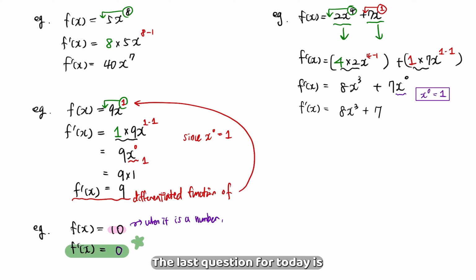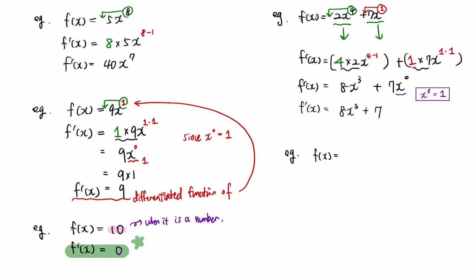The last question for today is 8x to the power of 3 minus 5x to the power of 2. Then f prime x is equal to 3, move down to the front, times by 8x to the power of 3 minus 1.